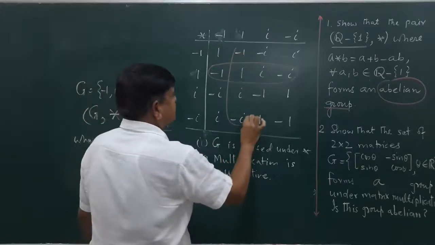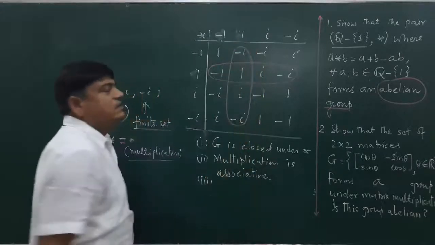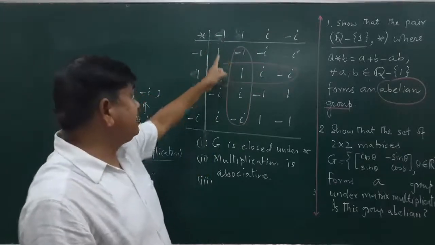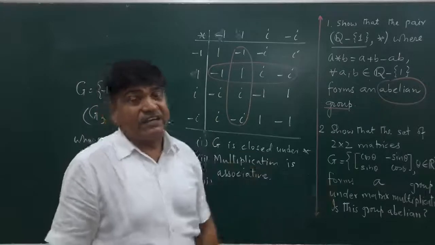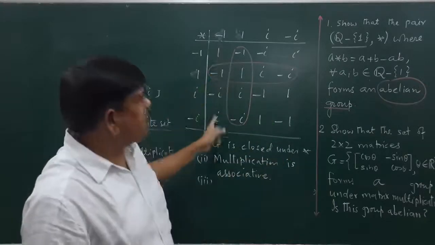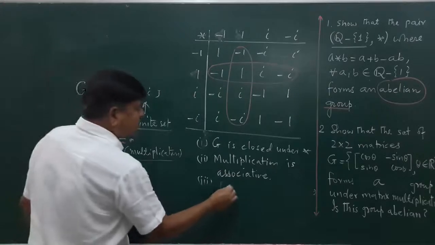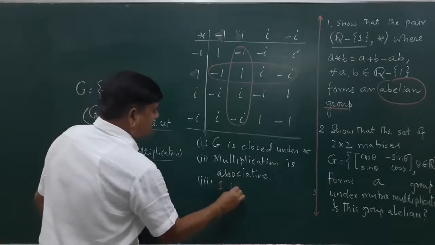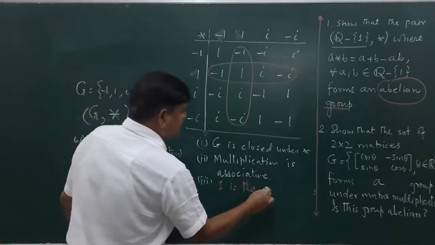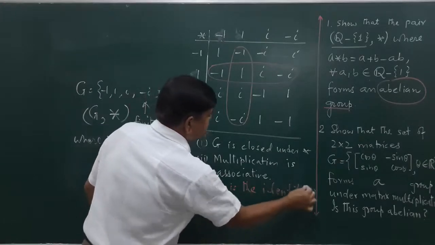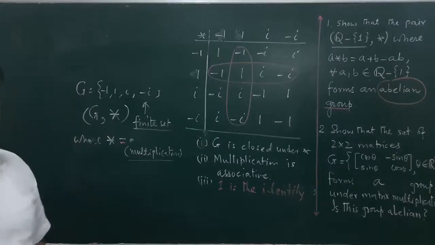Here it is. मैंने जानबूझकर माइनस 1 से स्टार्ट किया, इसलिए जरूरी नहीं कि ये फर्स्ट कॉलम और फर्स्ट रो ही आए. यदि आप 1 से स्टार्ट करते तो ये यहाँ बन जाता. But you can see. So third, 1 is the identity, and it belongs to this.